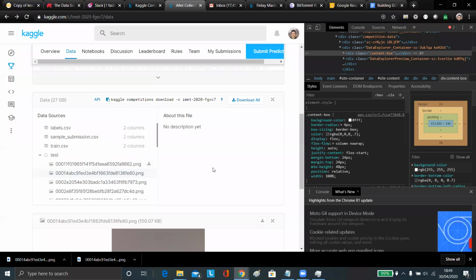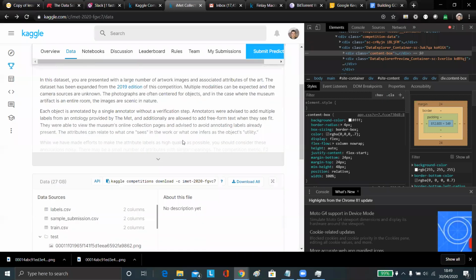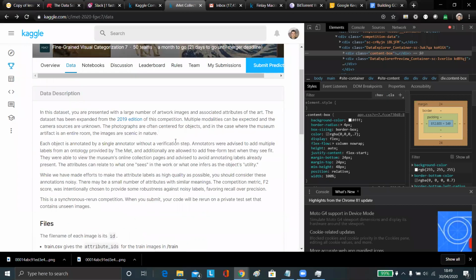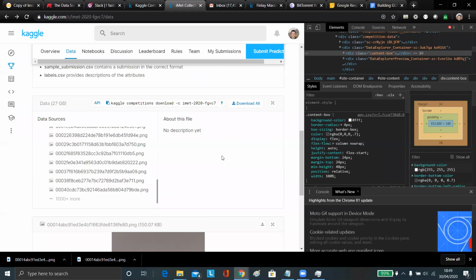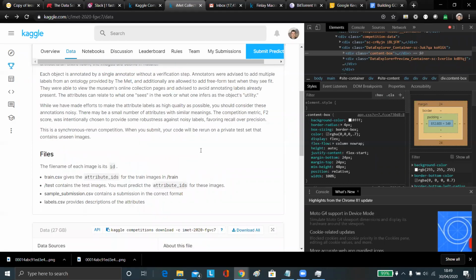Does it say how many images? It's quite a lot. Yeah, for some reason it's not telling us. I suppose they're just assuming we could count it.